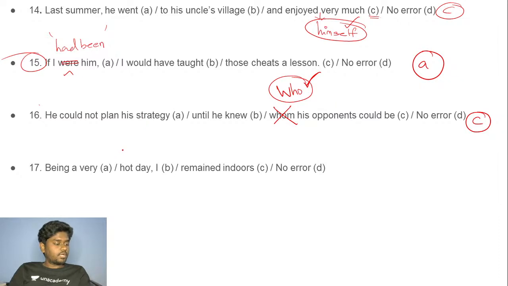So the error is with, very good, option A. No, if you see the 17th one, the error is with option A. Let me tell you what is the real error which you have.